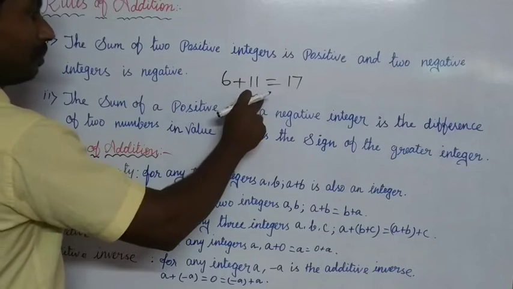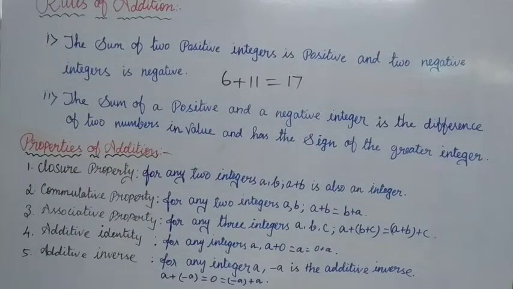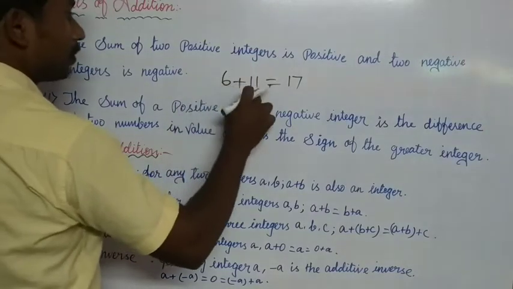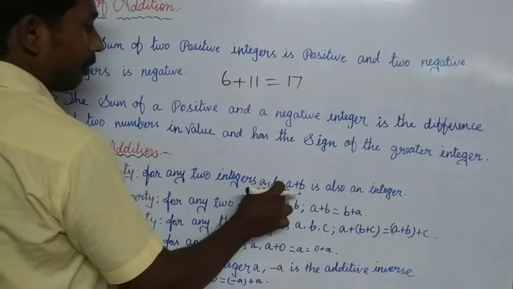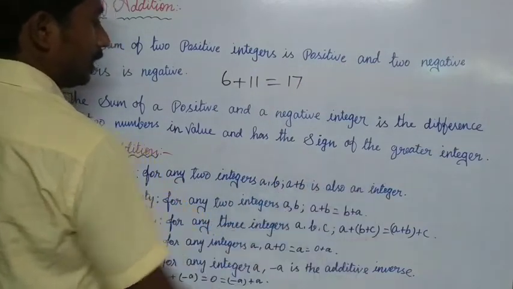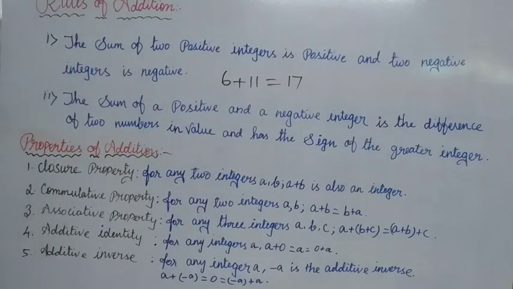The two integers add பண்ணா, final answer என்னவா இருக்கு, integer தான் இருக்கு. That means the sum of two integers is again an integer. That is, for any two integers a, b, a plus b is also an integer. Any two integers add பண்ணா நமக்கு கிடைக்கிற answer, same integer தான் இருக்கு.